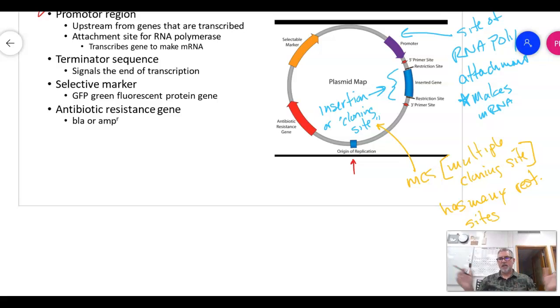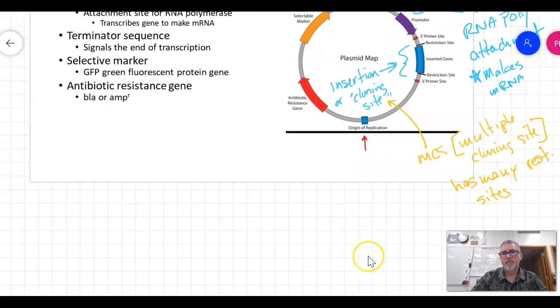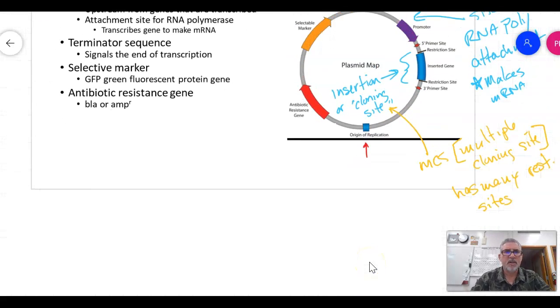So it has a whole host of palindromes. So I want my cloning site.